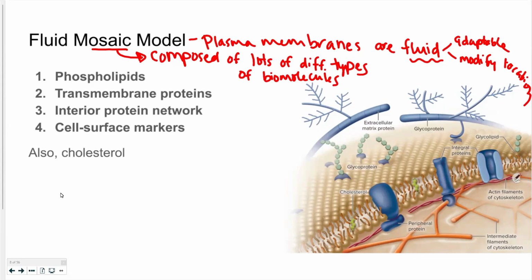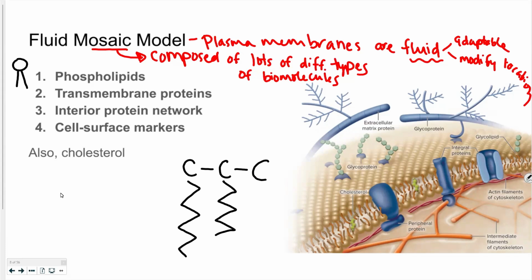So first of all, let's remember what phospholipids are. I'm going to try and draw just one here. This is our simplified version. Let me draw the more complicated one here and then I'll erase it. Okay, so we remember we have our glycerol backbone. On two of those carbons on our glycerol backbone, we have fatty acids.